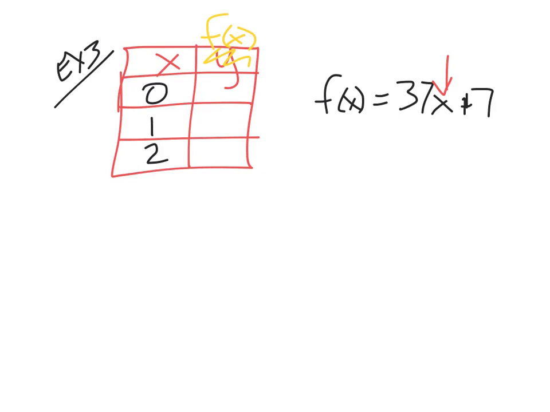So if I plug in 0 there, I get 7 as my answer here. If I plug in 1 there, I get, what's 37 plus 7? 44? Right? If I plug in 2, 37 times 2 plus 7 would be 81, right?